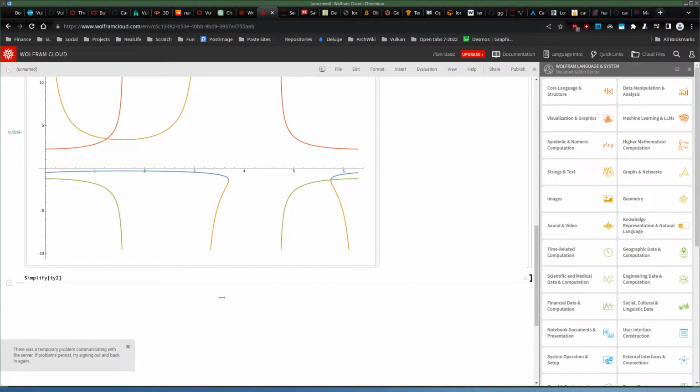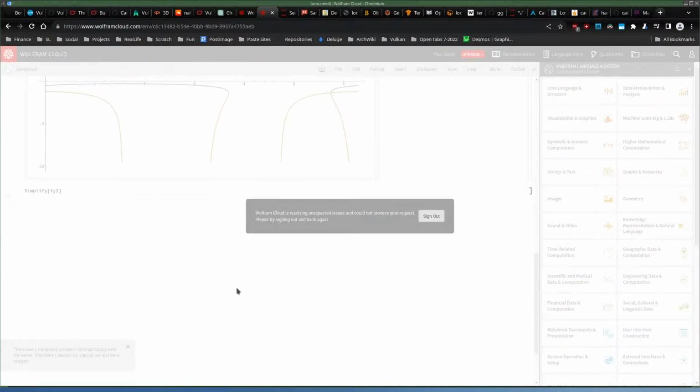Oh shit, they cut off my unpaid license. I did take a trial a while back, and I quickly gave up on Mathematica, actually.